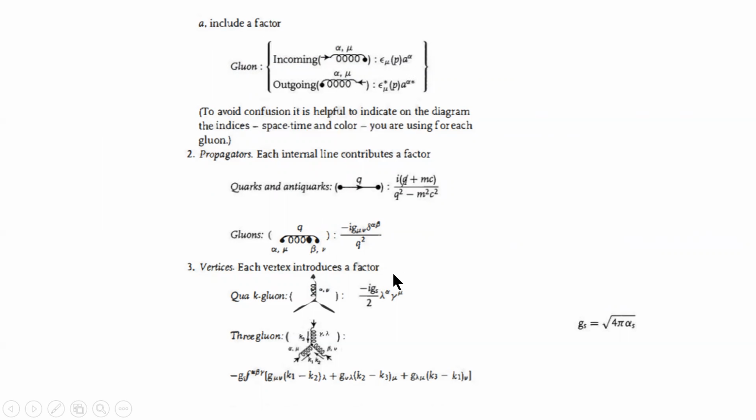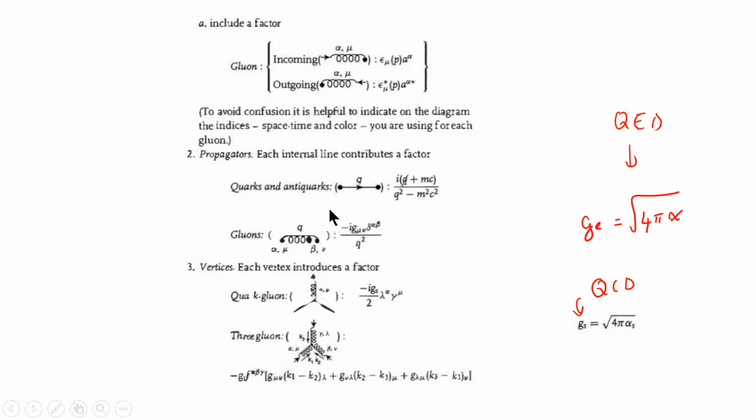and each interaction vertex will add a vertex factor. So this was your vertex factor in QED. This is in QED. This is in QCD. Okay, so in quantum chromodynamics the coupling constant is going to be different.